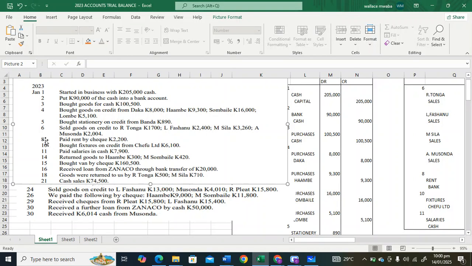Okay, question 8, paid rent by cheque 2,200. So the type of transaction, we are paying for rent. Which two accounts are involved, colleagues?